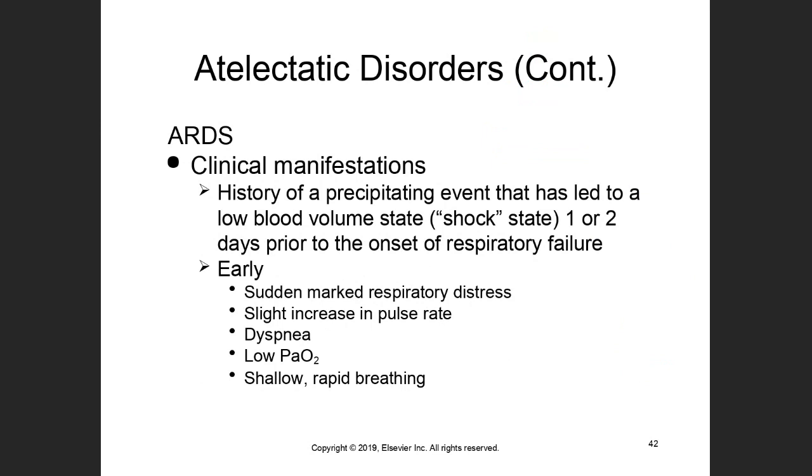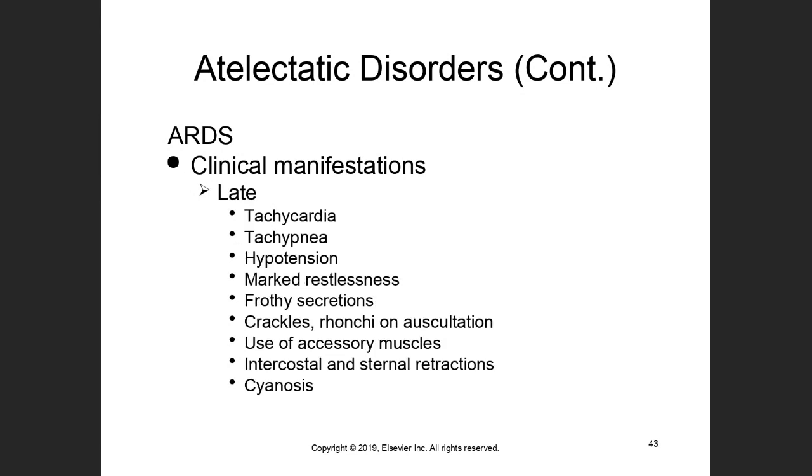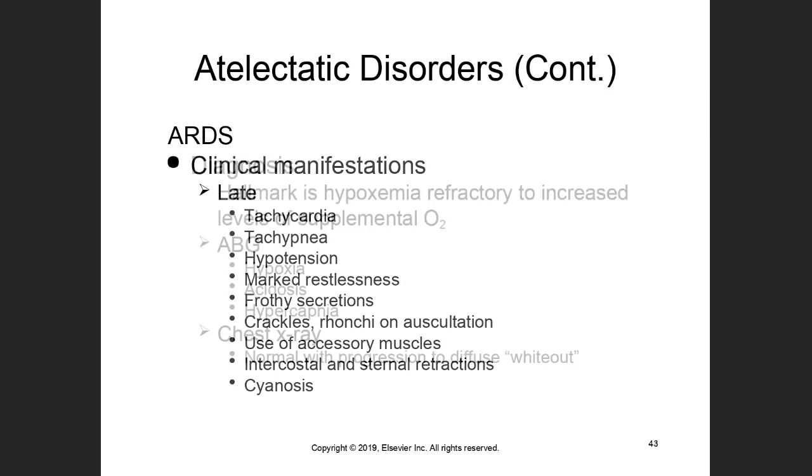Clinical manifestation: history of a precipitating event that has led to a low blood volume state, a shock. Early: sudden marked respiratory distress, a slight increase in pulse rate, dyspnea, and so on. Late manifestations: tachycardia, tachypnea, hypotension, marked restlessness, frothy secretions, crackles.